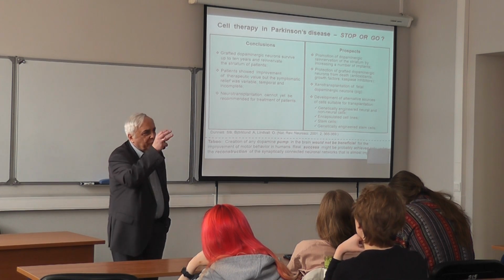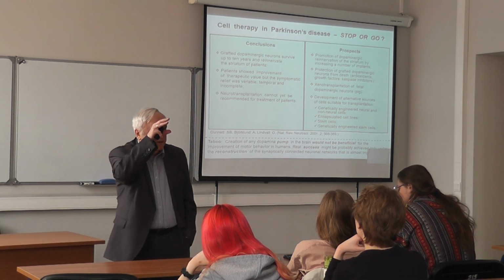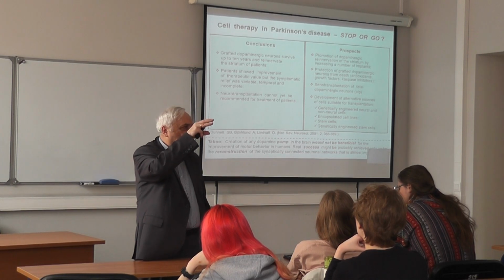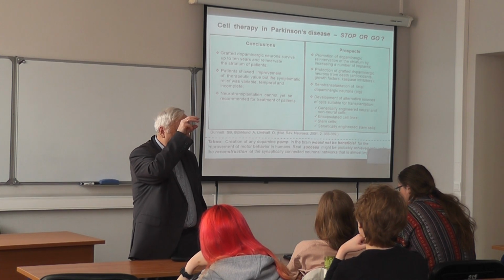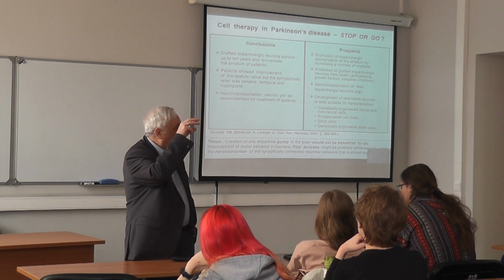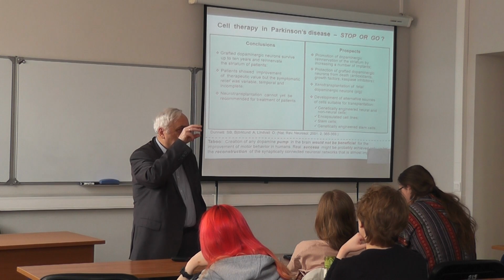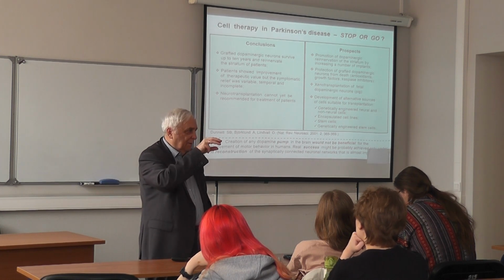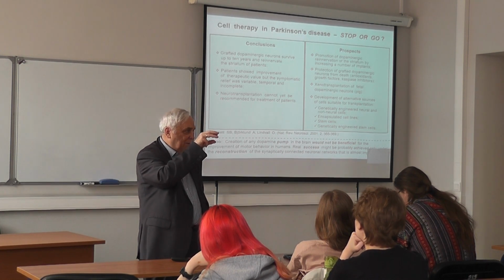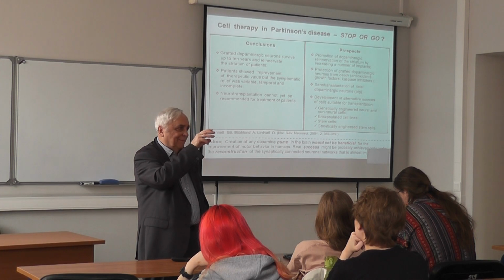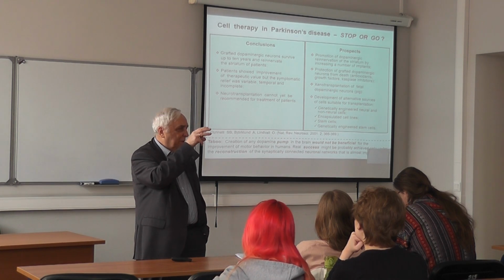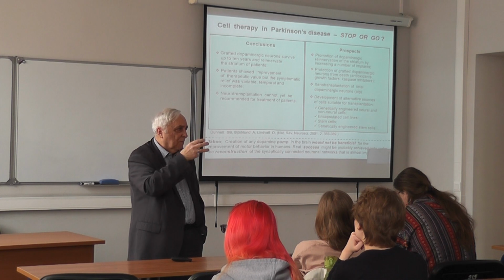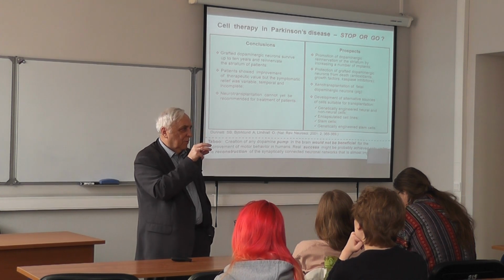Well, so the idea of Björklund, when he developed an experimental model of Parkinson's disease in mice, was that after the degradation of dopaminergic neurons, we could insert into the striatum any pump for dopamine. These implanted neurons were considered as a source, as a pump for the release of dopamine.